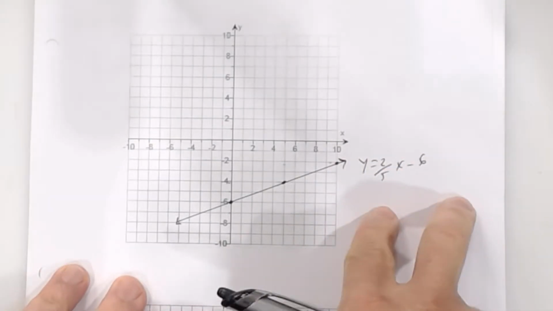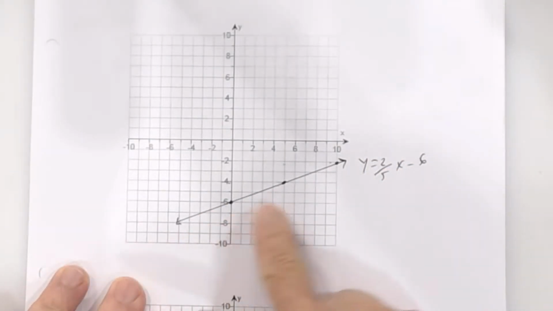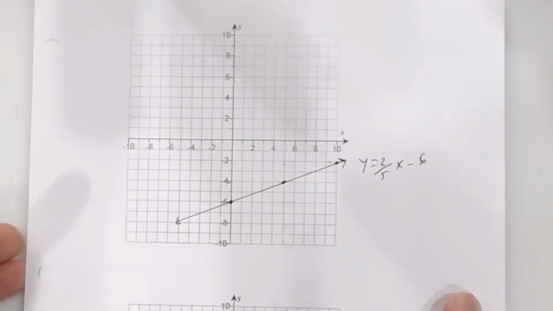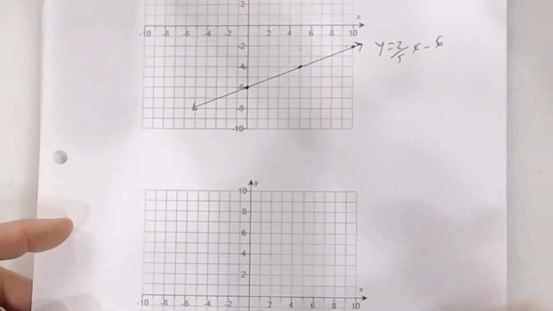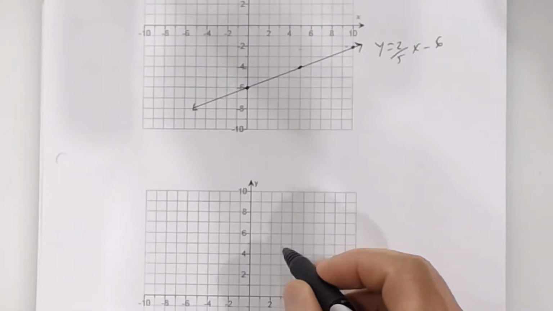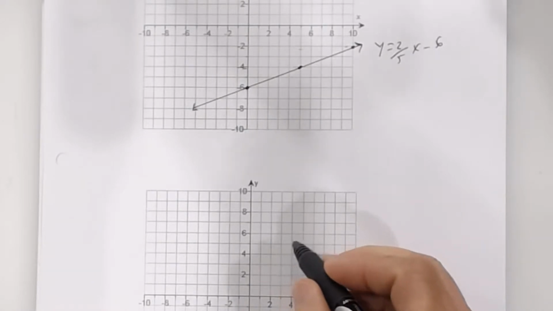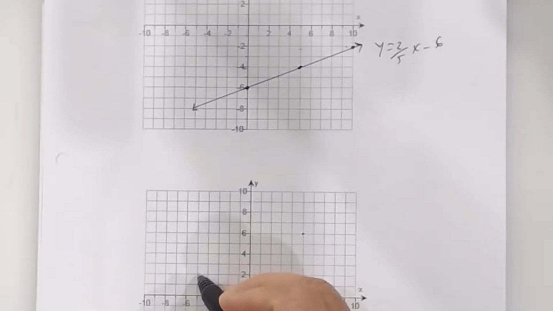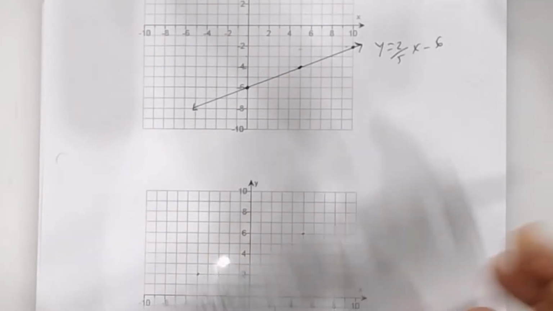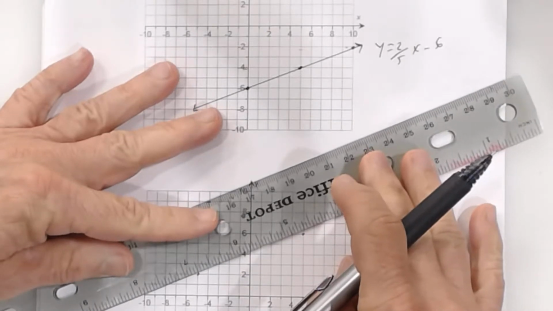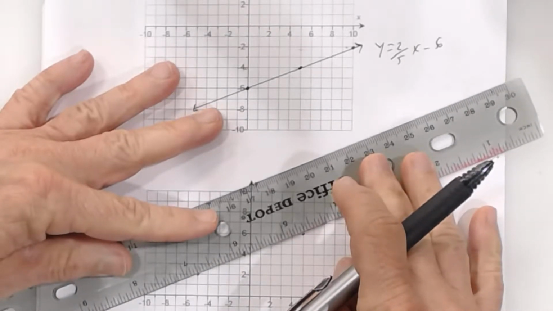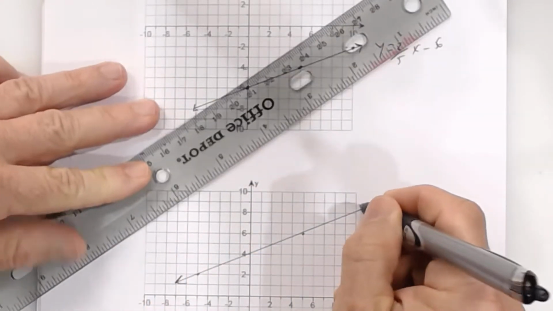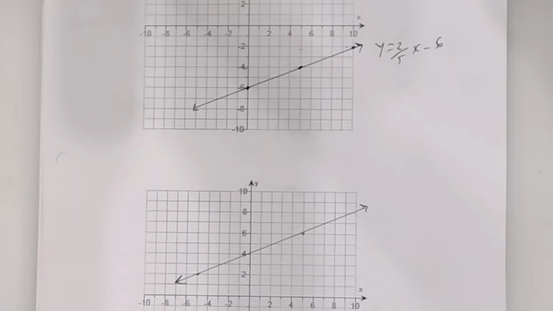Okay, so this was you given the equation and you having to do what? Graph it. All right, what's going to happen now is that you'll be given the line, let's say it's this line here, and you have to find the equation.